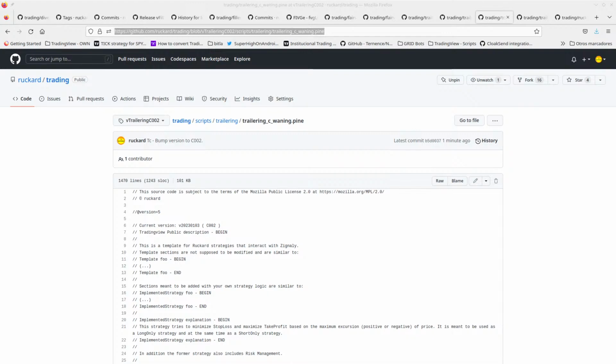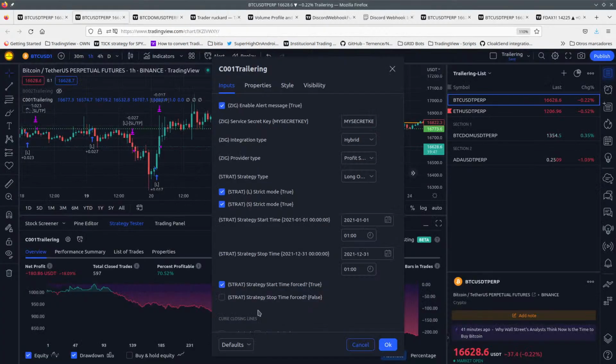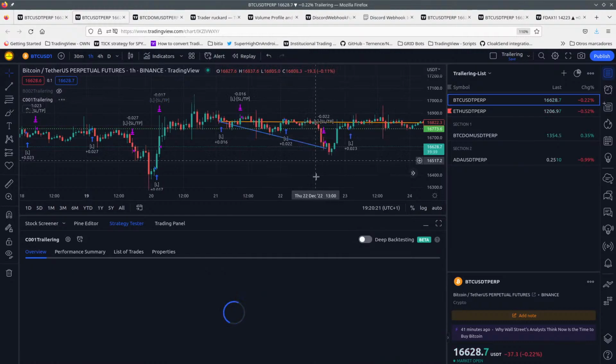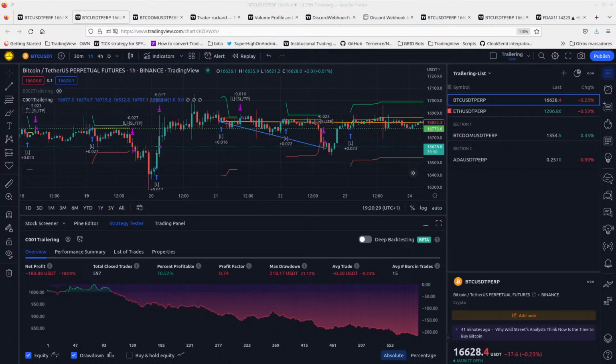Okay, so we have C2, which is the 1 in 1. So let's take a look at what happens here with all of these settings that we have managed to work on.